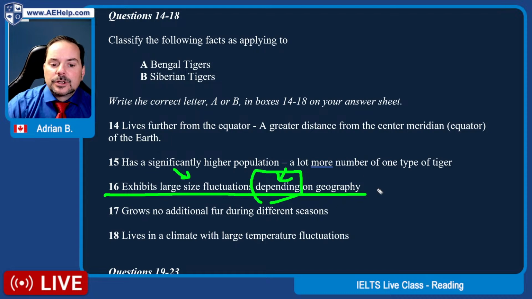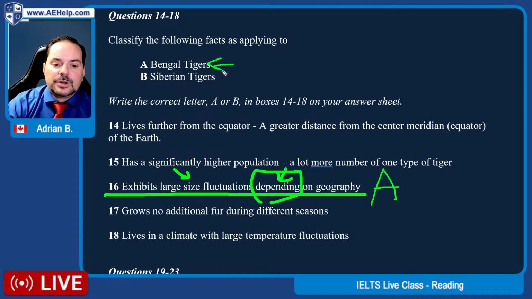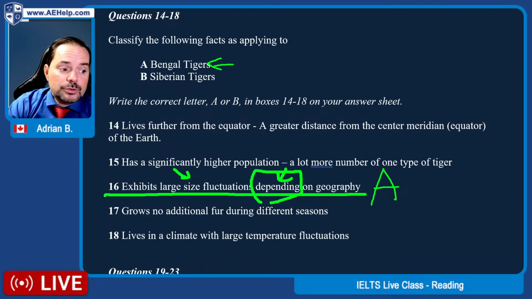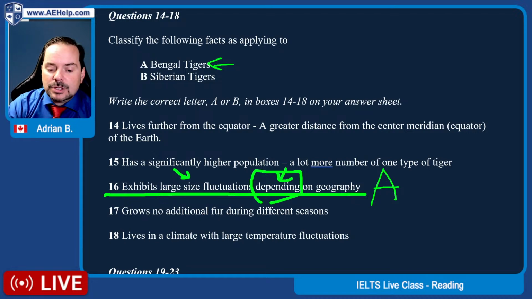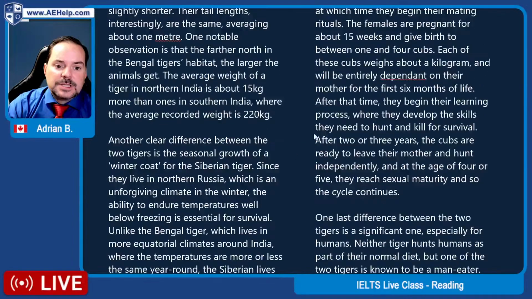Okay, the correct answer here is actually A. It's the Bengal tiger. Now some of you are going, what? This is a perfect example of visual reading, where you have to visualize, and I'll show you why. Okay, so remember this piece here.